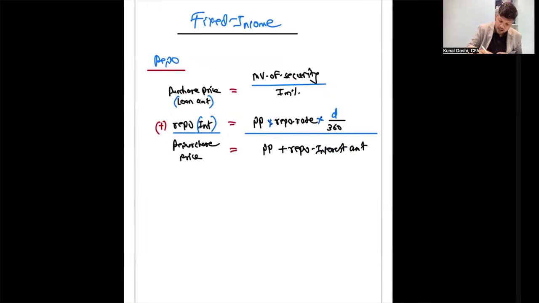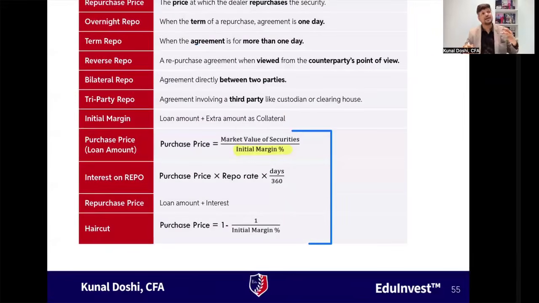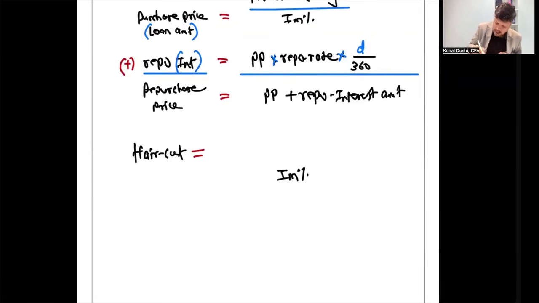Now, the important formula here is the haircut. Haircut is the buffer before which you will get a margin call. Once the securities value falls, the collateral value falls, that is where you get a margin call. That is the haircut, so how much is the cushion? It is simply based on the initial margin. You take the initial margin, inverse it, and subtract it from 1.